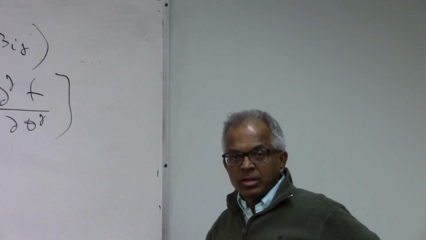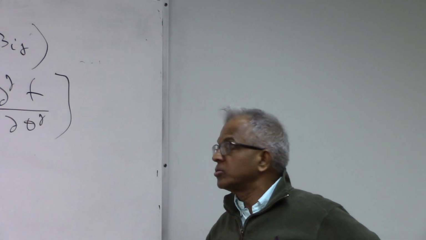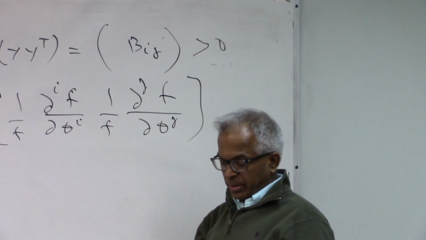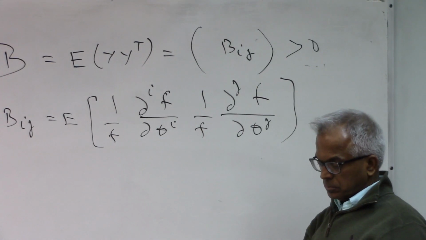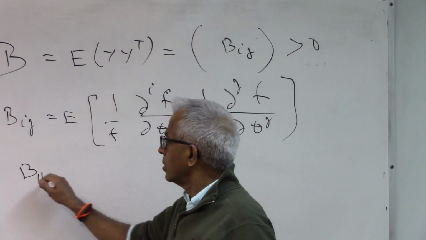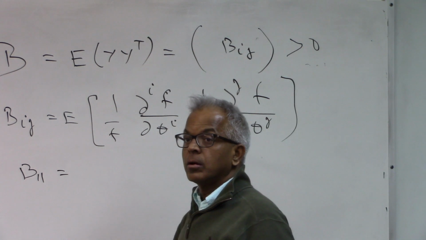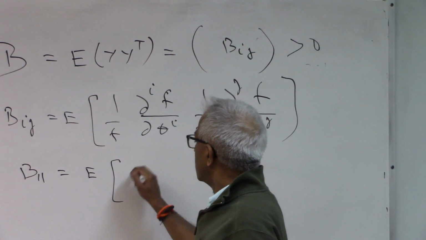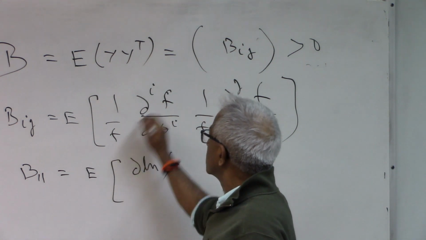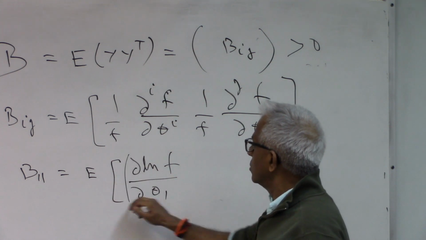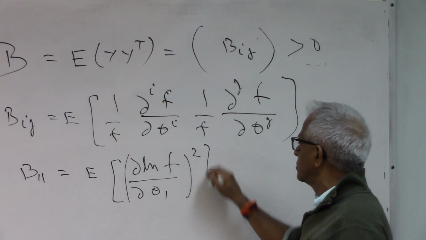That will be a non-negative definite matrix because it is a random vector multiplied by its transpose. So I'm going to call this the Bhattacharya matrix. What is B11? Anyone? Yeah, B11 is the expected value of d log f by d theta, the whole squared. So that's the same as J11, right?